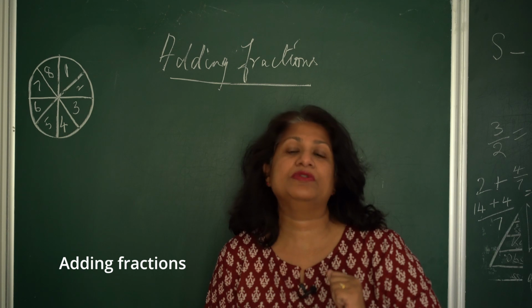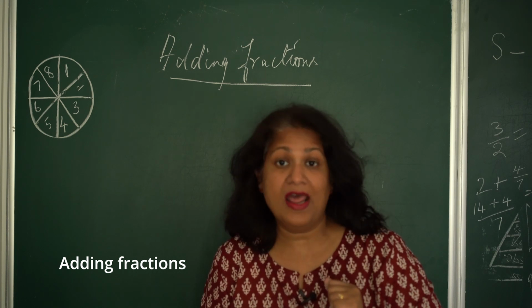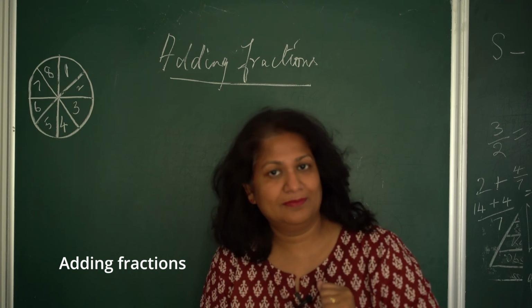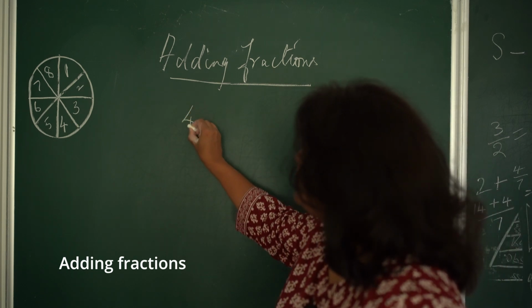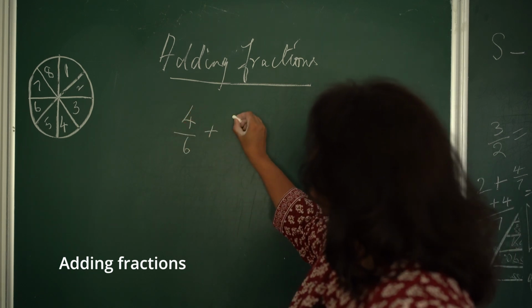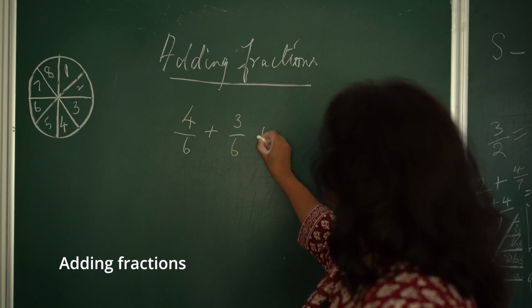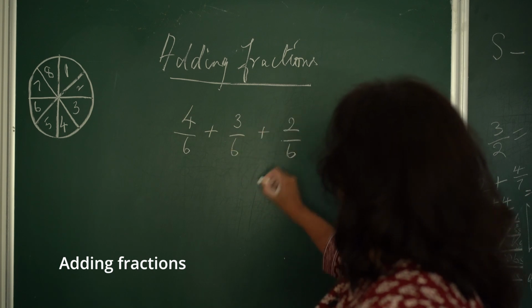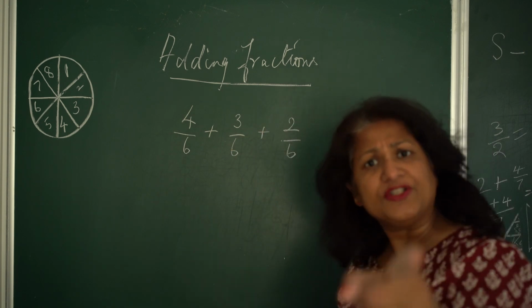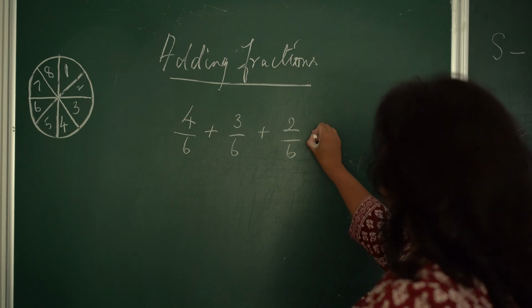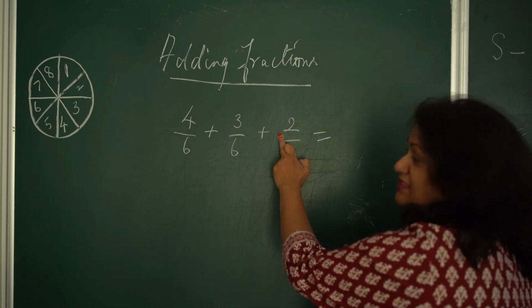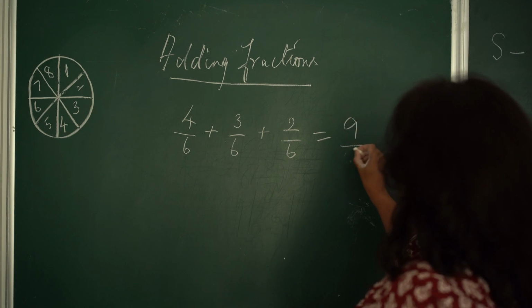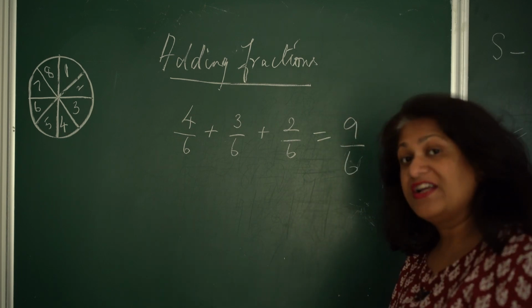You can add apples to apples, but you cannot add apples and oranges together. Going by that, 4 by 6 plus 3 by 6 plus 2 by 6, can it be added? Absolutely. So what can it be? 4 plus 3 is 7, 7 plus 2 is 9. You will get 9 by 6, improper fraction.